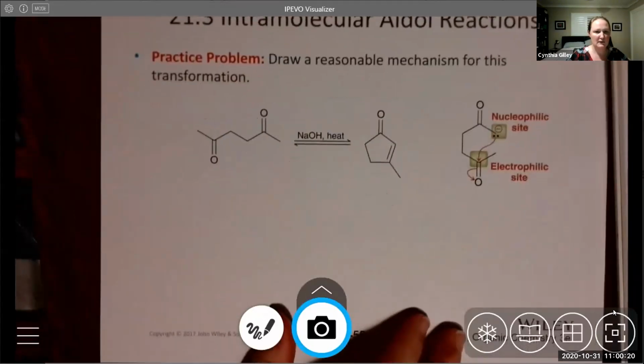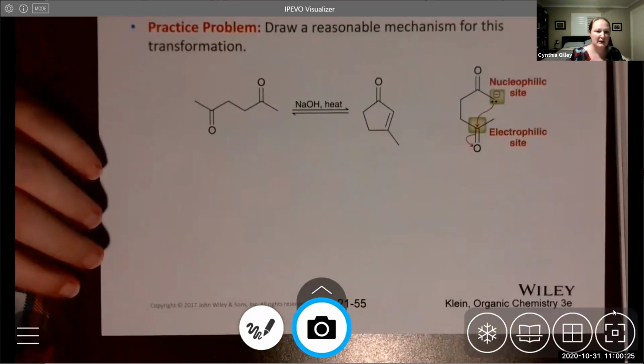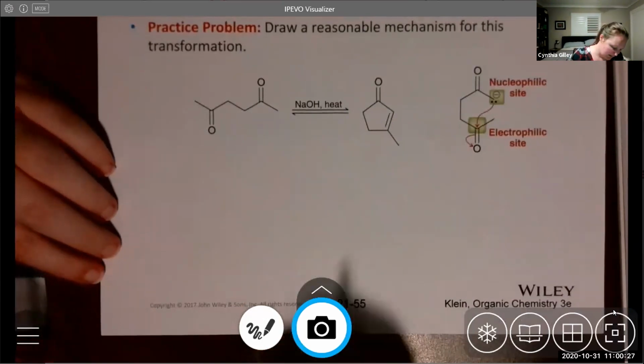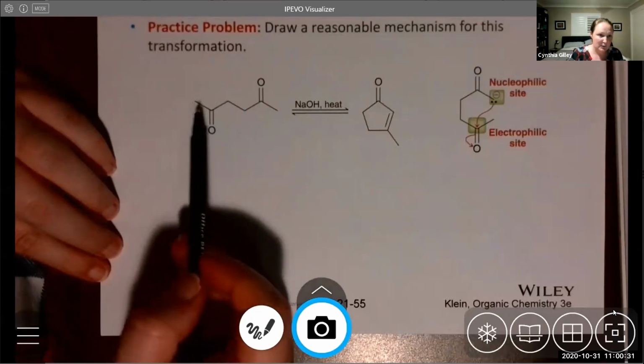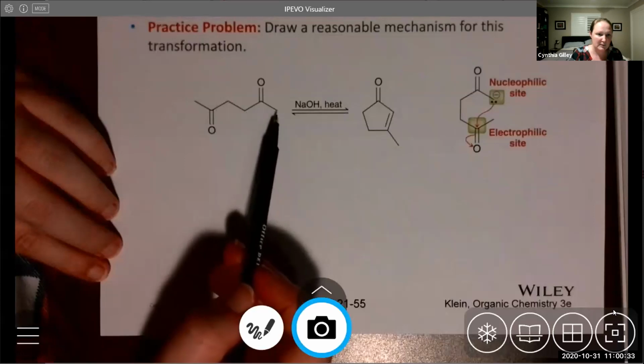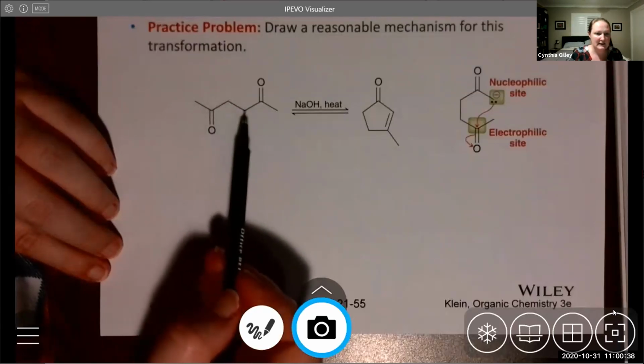Okay, so the goal of this problem is to think about doing the reaction in an intramolecular fashion. We know that technically all of these carbons that I'm pointing to right now are alpha carbons, so all of the hydrogens attached to them are acidic.